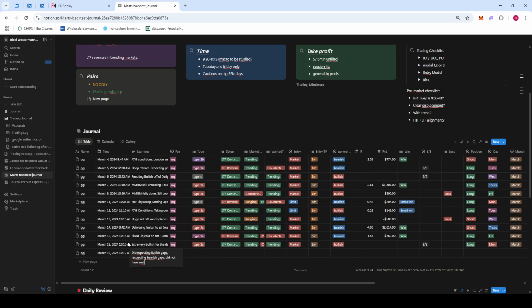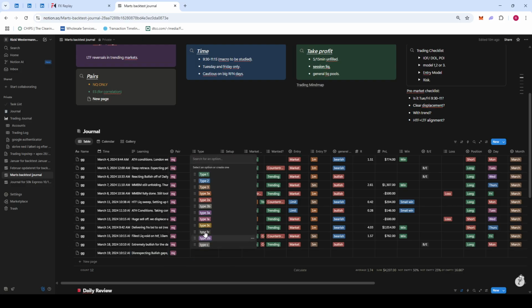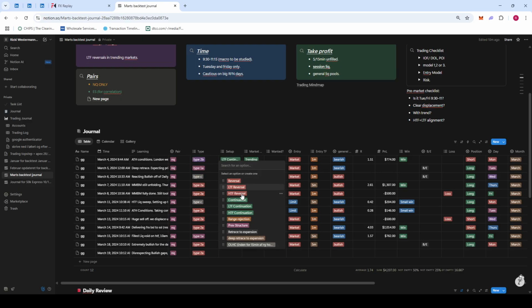Have SMT for the continuation. Maybe need to wait for it. So again, this is type 2A, and we take a low time frame continuation.